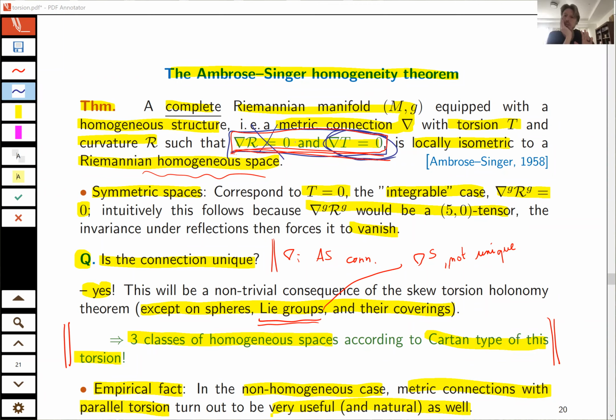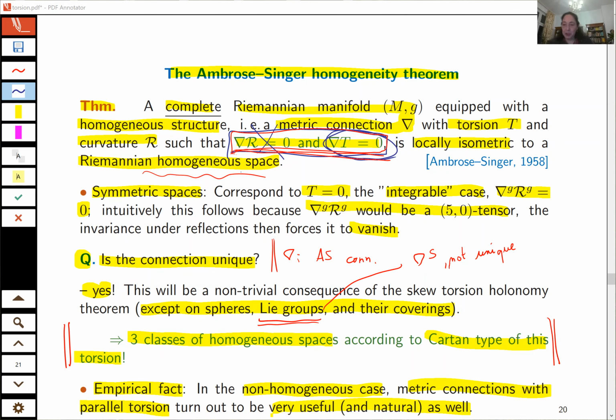Now, sorry, can I just ask one more time? I'm not sure I understand the statement. Is the connection unique? Somehow the Levi-Civita connection on the round sphere, and then the Cartan connection on the 3-sphere. Yes, but I changed the group action. It's a homogeneous space with respect to a certain group action. Oh, okay, that makes sense. So the connection depends on the group action.